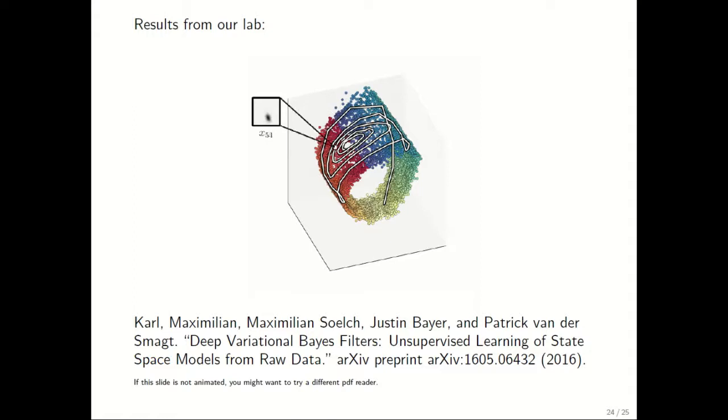And the results are quite remarkable. And you can see this in this animation. The unsupervised algorithm is able to almost perfectly recover the ground truth. What you can see here is the latent space of this unsupervised mechanism that we developed. And you can see that it has a very well-defined shape.